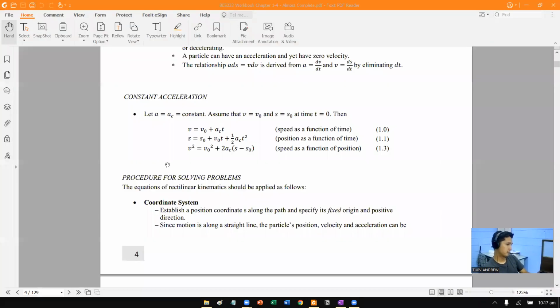Okay, so moving on. We have used the variables s.